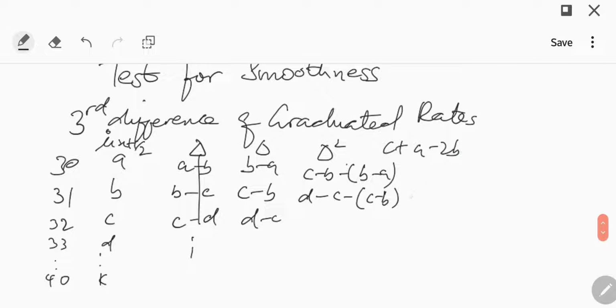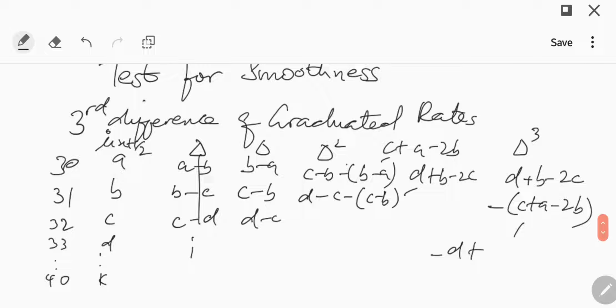And the third difference, I'm getting (D plus B minus 2C) minus (C plus A minus 2B). So this is coming out as D plus 3B minus 3C minus A. This is what we call the third difference. Every four rates give D plus 3B minus 3C minus A, which I call the third difference.